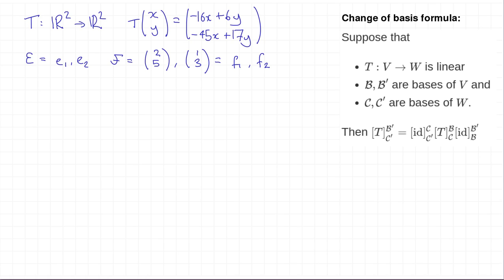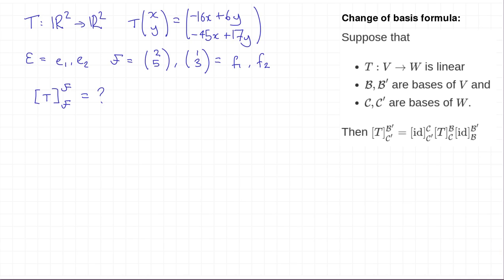What we're going to do is to apply the change of basis formula to work out the matrix of T with respect to initial basis F and final basis F in terms of the matrix of T with respect to initial and final bases E and the other things which appear in the change of basis formula. So let's think carefully about what's going on.